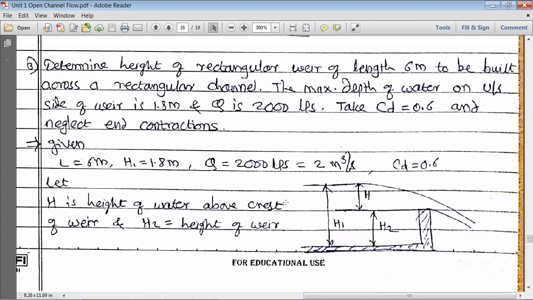Determine the height of rectangular weir of length 6 meter to be built across a rectangular channel. Rectangular weir ची height जी आहे त्याला फाइंड आउट करायची. The maximum depth of water on upstream side of weir is 1.8 meter.